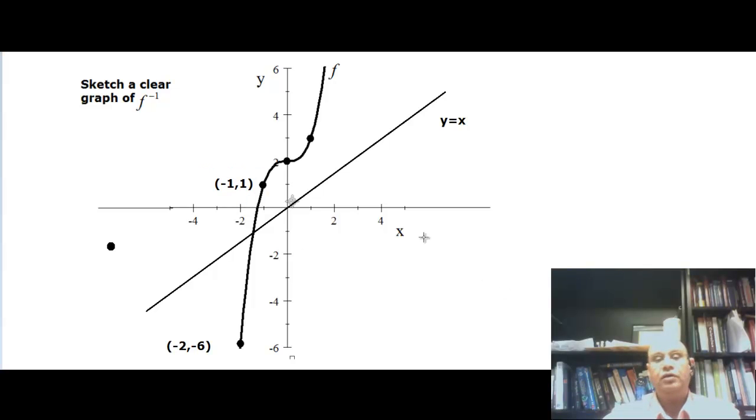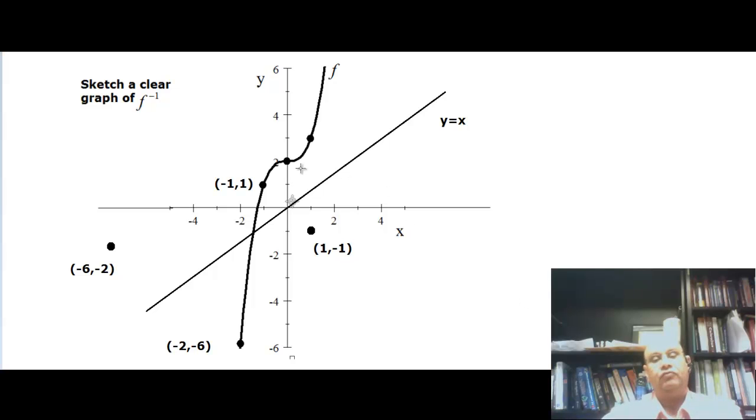So this point will be 1, -1. Very good. So we are doing much faster than I can explain now, right? So this means this point 1, -1 is going to be on the graph of the inverse. Are we together on this? Okay, good.